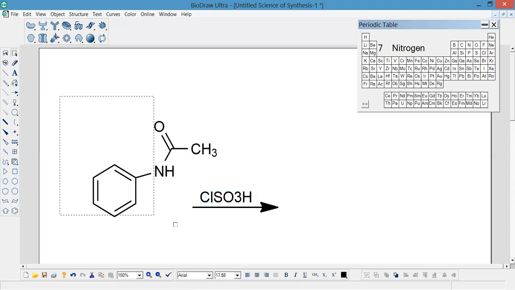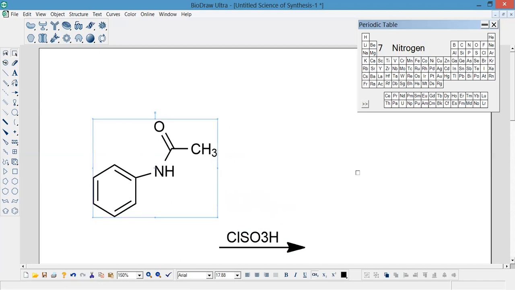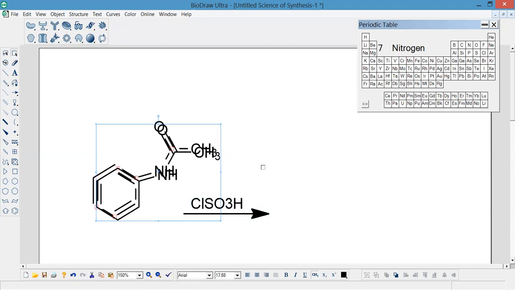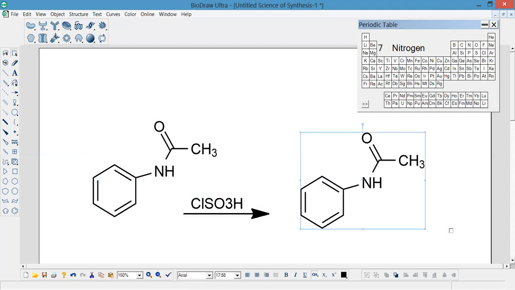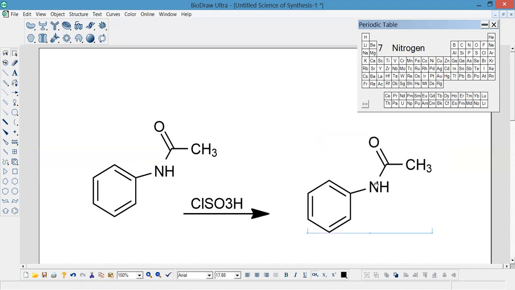Now select this acid amide group. Control C for copy, and then Control V for paste. Like this, you can do copy and paste also in ChemDraw and BioDraw.